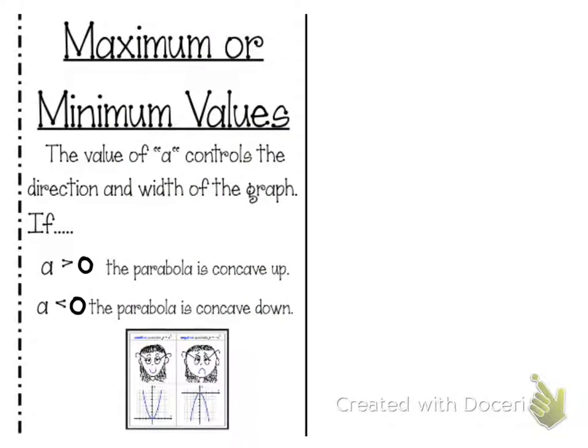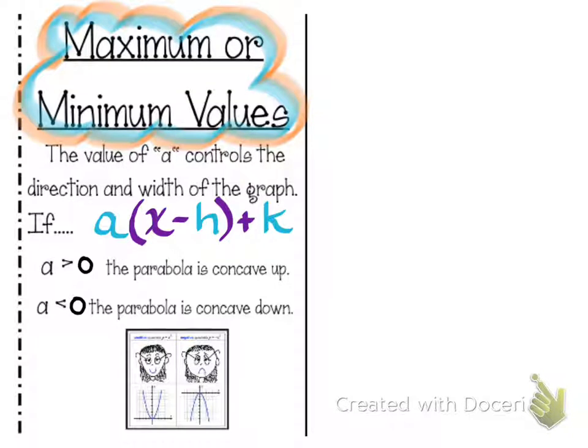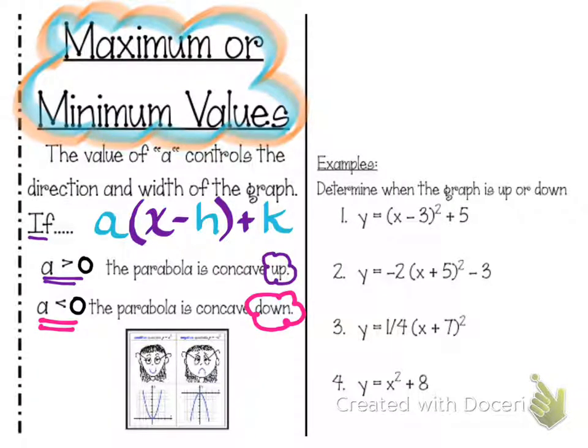Finally, max or min. The value of a controls the direction and width of the graph. So, as we have noted in the past, if a is positive, the parabola is going to open up. If a is negative, it's going to reflect or be concave down. All right, and so here are those same examples.